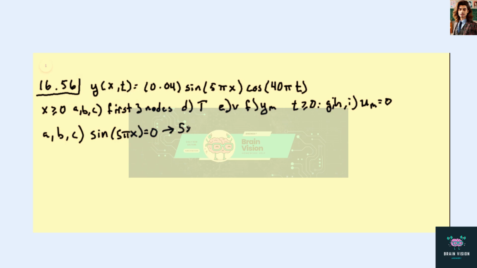This implies that 5 pi x is equal to 0, pi, 2 pi, etc. Which means that x is going to be 0, 1/5, 2/5, 3/5, and so on forever, or until you reach the end of the string.